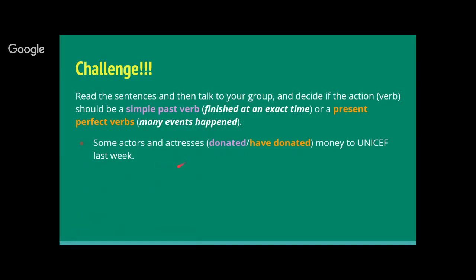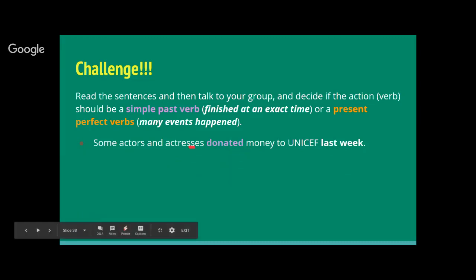Okay, so the answer is donated, and the hint here was last week. Last week's not exactly an exact time, but this is clearly not many events. It really only happened at one period of time. So last week is one period of time. So it would be better to use the simple past, not the present perfect.